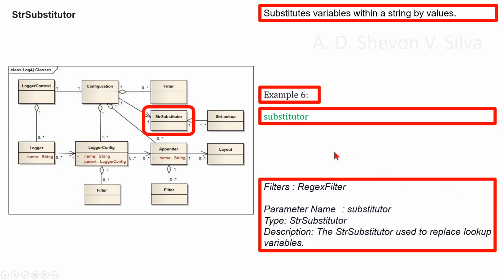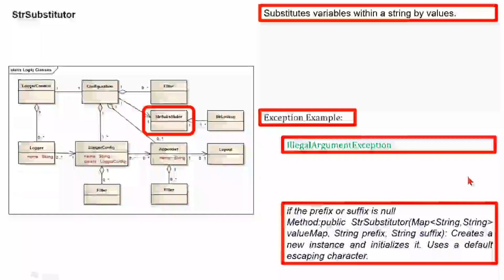Now we are considering RequestFilter in filters. The parameter name here is substitutor, and that's of type StrSubstitutor. The StrSubstitutor is used to replace lookup variables. As an exception example, we can consider IllegalArgumentException, thrown if the prefix or suffix is null, in the method public StrSubstitutor(Map valueMap, String prefix, String suffix).